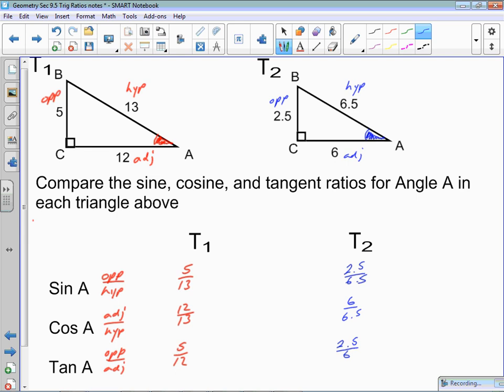So if I do 5 divided by 13, that'll give me 0.3846 for 5/13. If I do 2.5 divided by 6.5, then I'm going to get 0.3846.